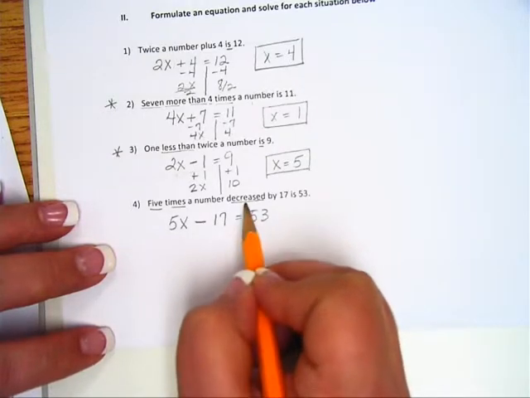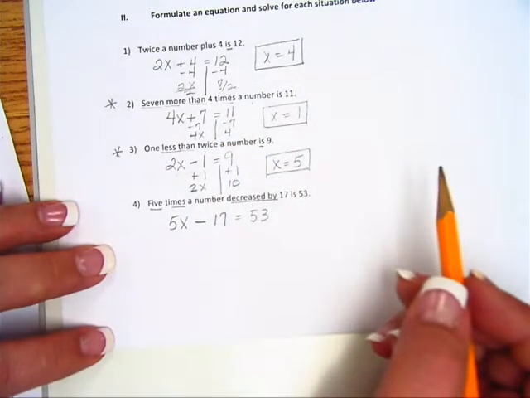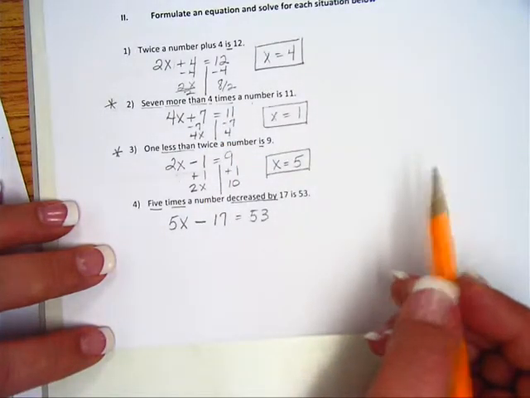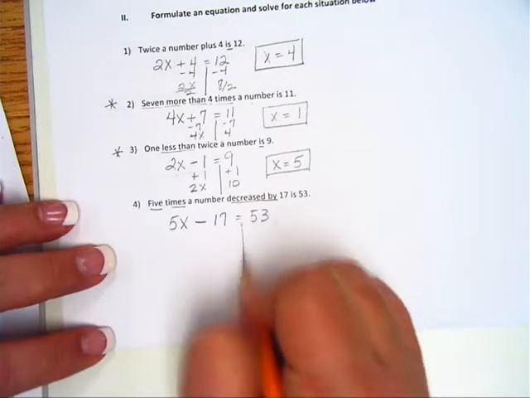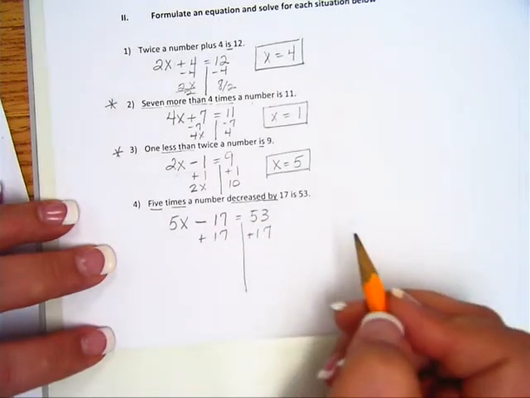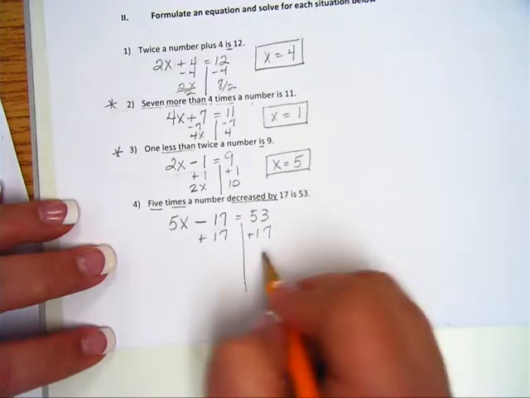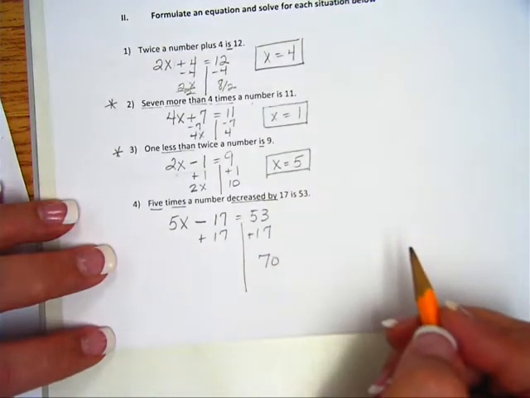You need to study the difference in when it says decreased by and more than or less than. This is how this one looks. So how do I solve this? I'm going to add 17, add 17. This will be 70, I believe. Or 60.